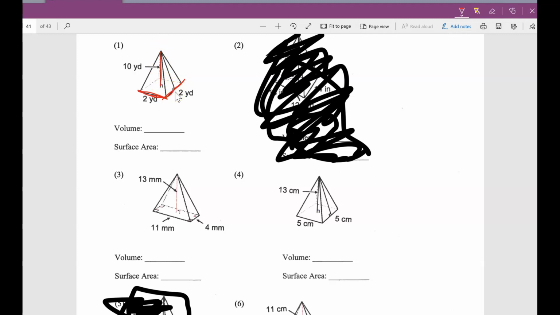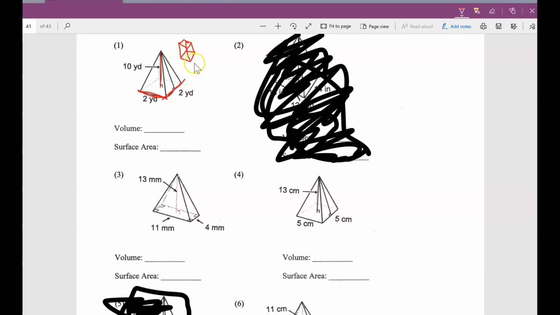So if this were a prism that was 2 by 2 in the base and then had a 2 by 2 top and was just a big box, and it was 2 by 2 by 10, all we would do would be to multiply those three measurements, 2 by 2 by 10, and we would get the answer 40.